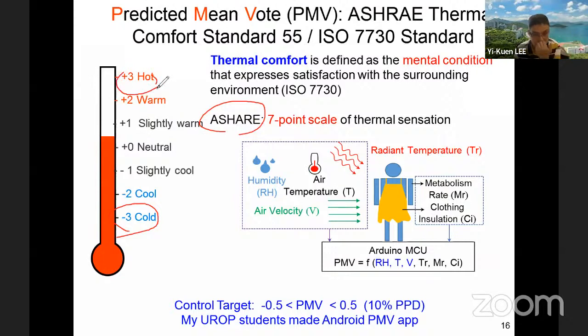In general, as I mentioned, one Professor Fanger in Denmark spent a lot of time doing human studies with more than 1,000 people, right? With different conditions: temperature, humidity, air velocity, radiant temperature, metabolic rate and clothing condition.